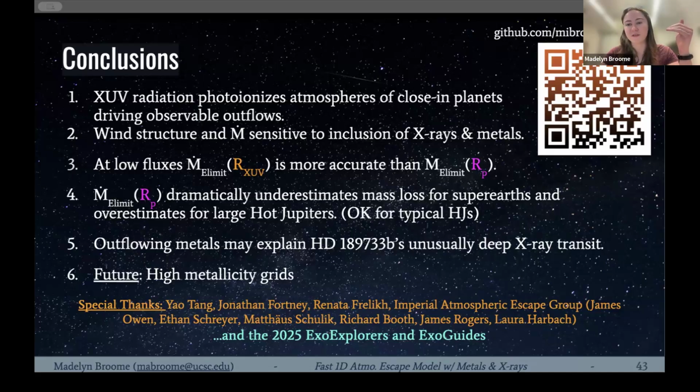The degree to which we could confidently say which is the predominant driver or the prominent source of that, I think we'd actually have to do the calculations to figure that out. Yeah, and observing signals in many different species, not only in helium. Yeah, I think that's why I'm really excited about HWO and future instruments, because if we get the ranges of spectra and the resolution we want, we should be able to see more of these metal line transits in the future, which is exciting. Yes. Yeah. Thank you.